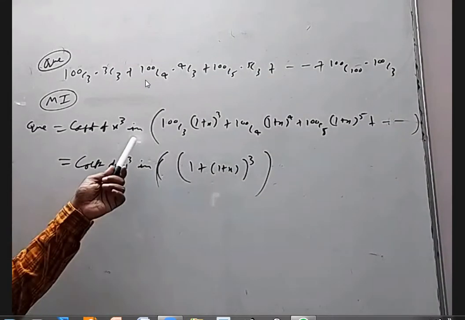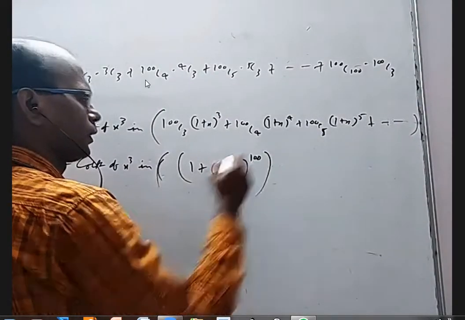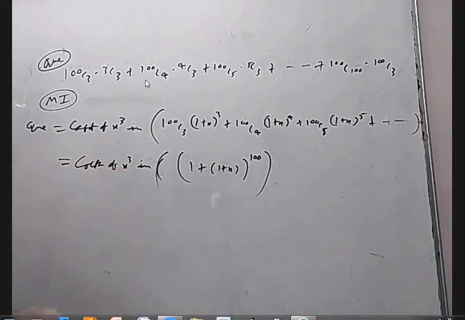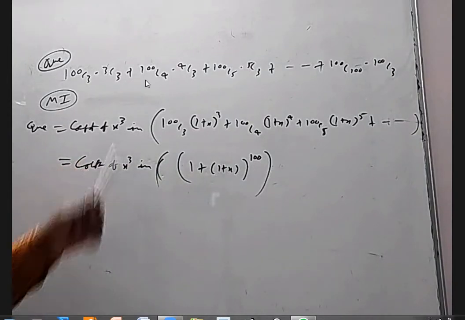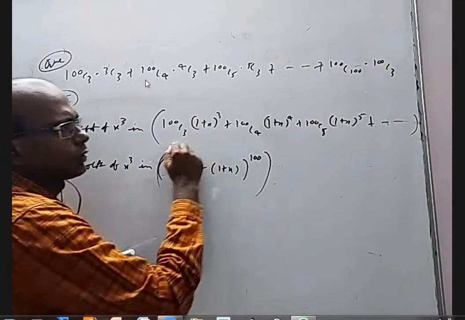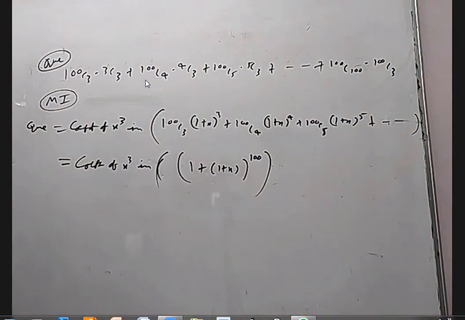Because we'll get first 100 whole power 100. First we'll get 100 C0, 100 C1 into (1 plus x), 100 C2 into (1 plus x) square. They are not there, but nothing to worry, they don't participate in this. But 100 C3 into (1 plus x) whole cube will come, then 100 C4. So we'll get all the way up to 100 C100 (1 plus x) whole power 100. Am I correct? Yeah.